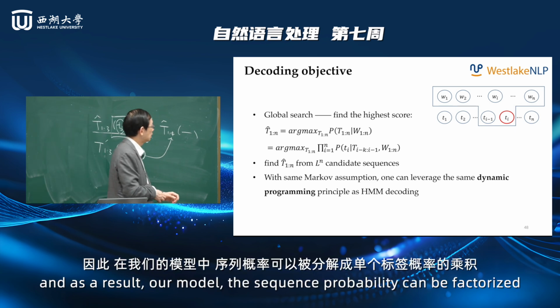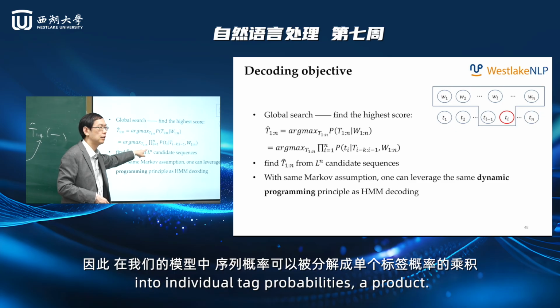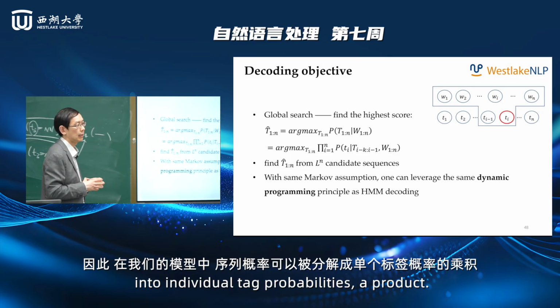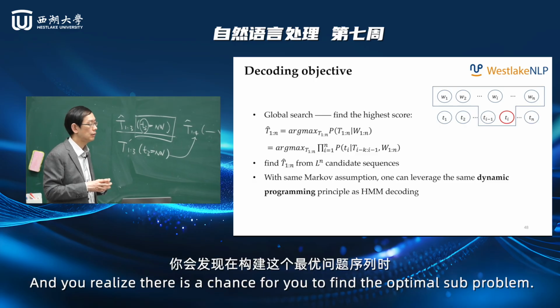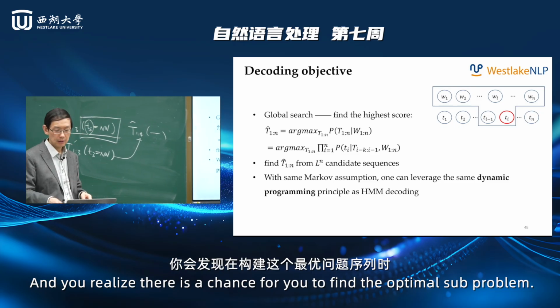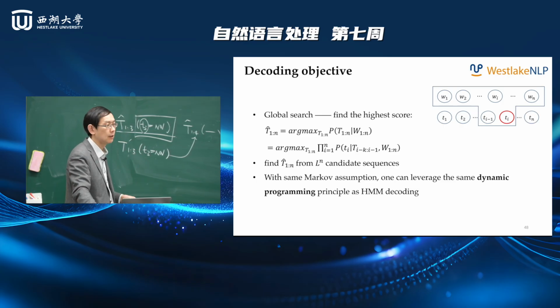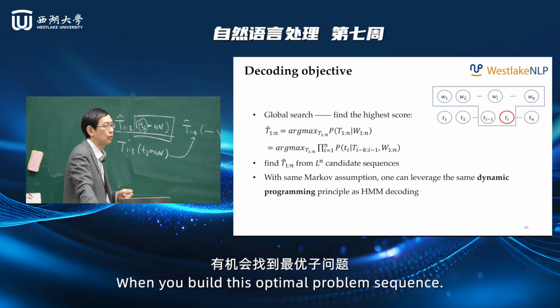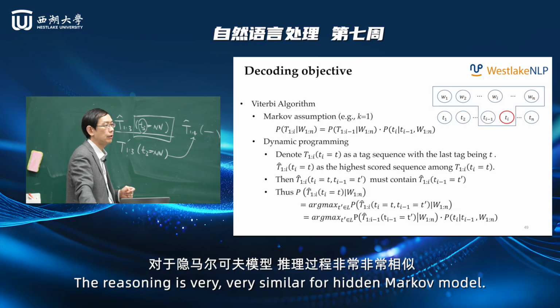And as a result, in our model, the sequence probability can be factorized into individual tag probabilities, a product. And you realize there's a chance for you to find the optimal subproblem when you build this optimal sequence. The reasoning is very, very similar to the hidden Markov model.